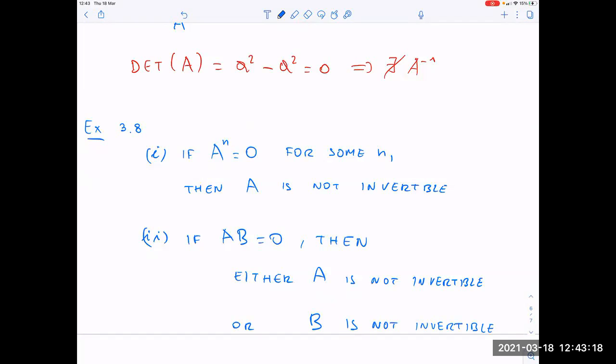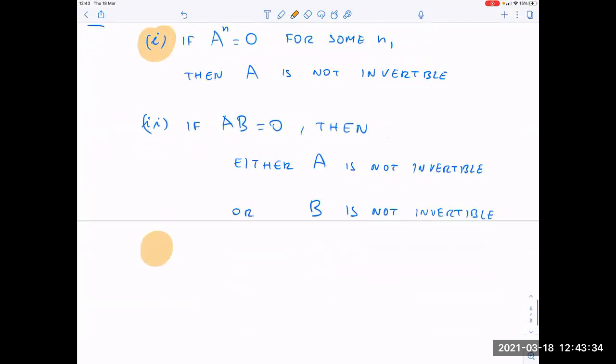So how would you deal with the first one? Well, of course, one can say, I take the zero matrix. This is always equal to 0, so it's not invertible, period. Well, this is saying something different, because there are matrices which have this property, which are not the zero matrix. For example, you can take a matrix like this, and you see, if you compute A square, you will get the zero matrix, okay?